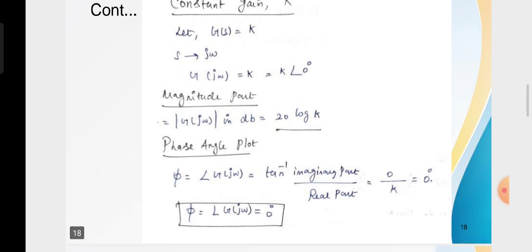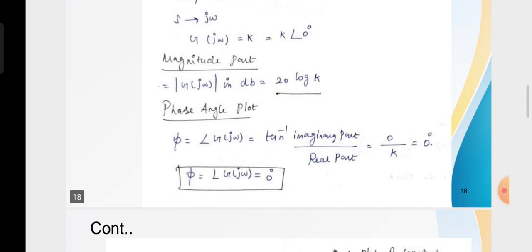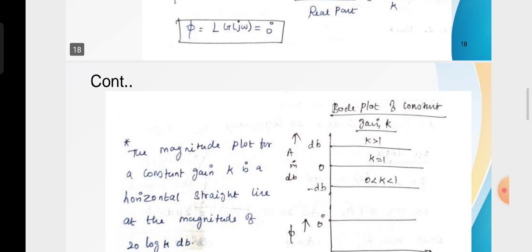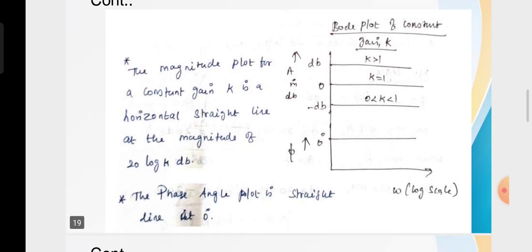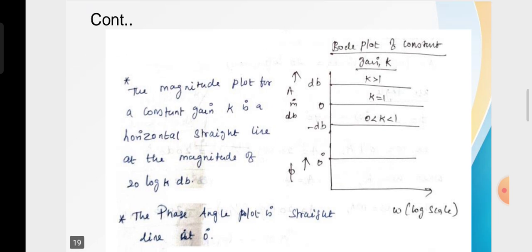The phase angle plot is phi equal to, and here K has only the real part, there is no imaginary part, therefore the phase angle is 0 degree. So this is the Bode plot of constant gain K. When K varies, K equal to 1, or K greater than 1, or K less than 1.